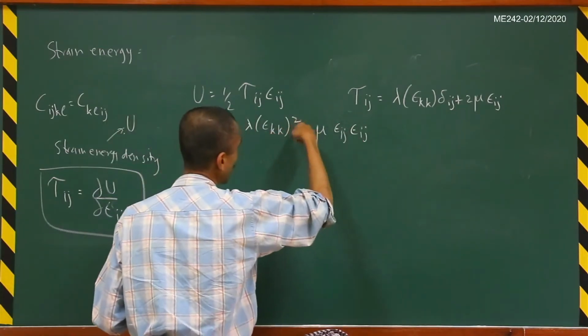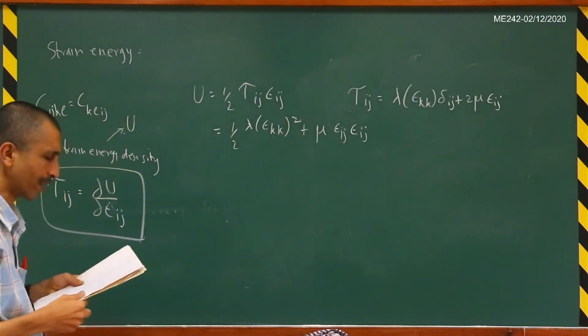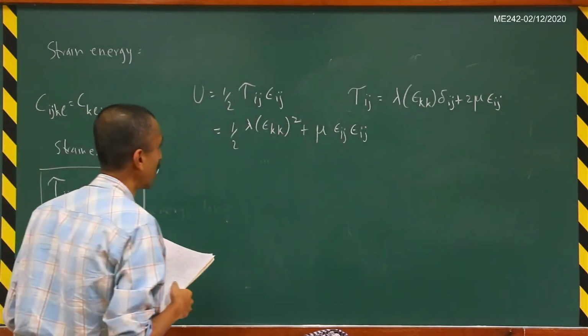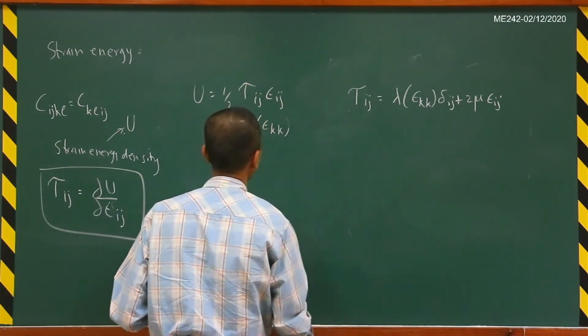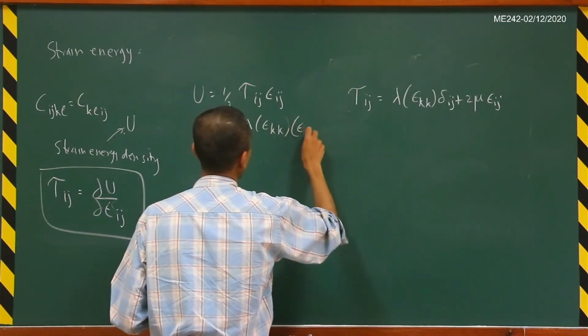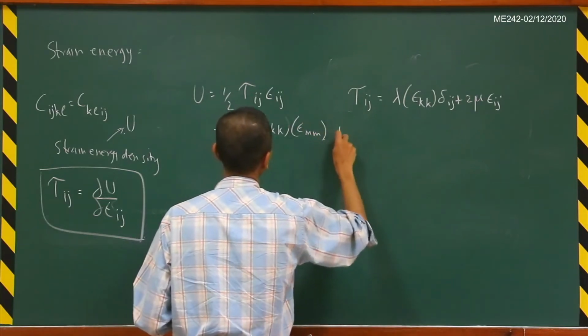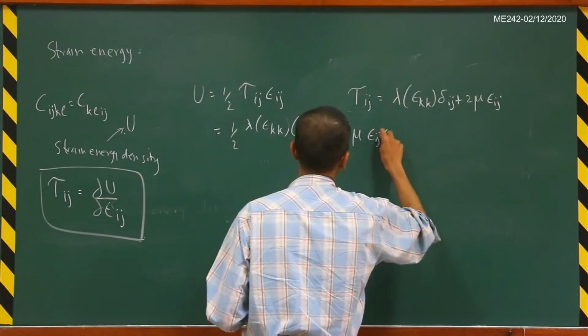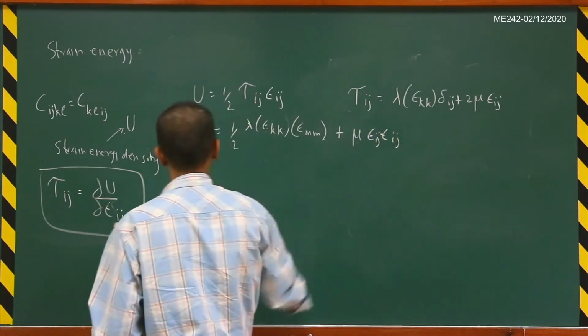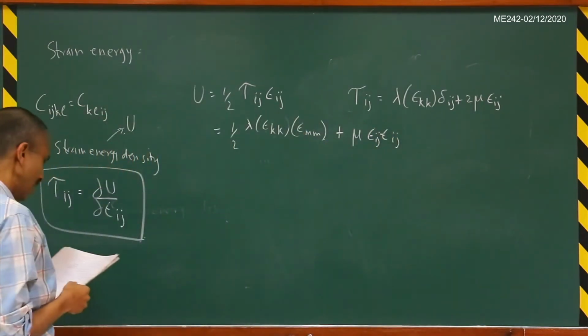Fine. So if you want, you can write this completely in index notation, maybe as epsilon_mm, plus mu times epsilon_ij epsilon_ij. So this is maybe the more correct way of writing the same thing.